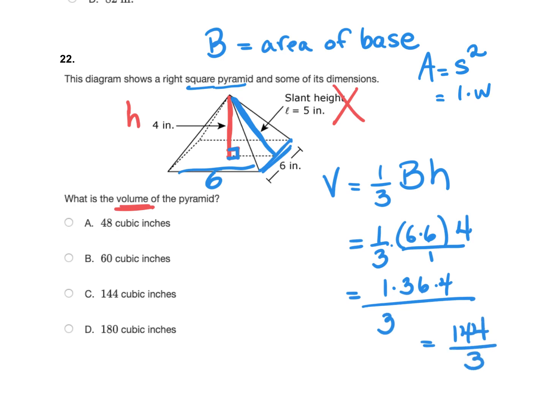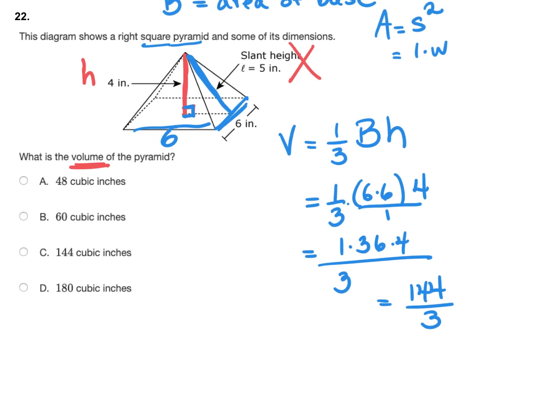Now, the reason we do the fraction last is so that we can simplify our fraction, because 144 over 3 is the same as saying 144 divided by 3.